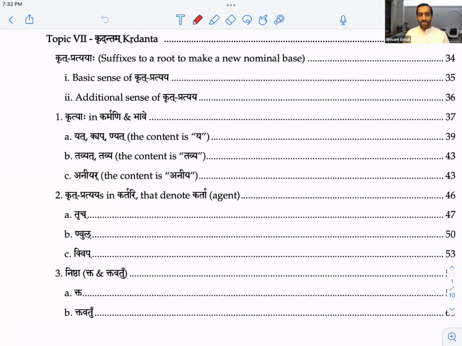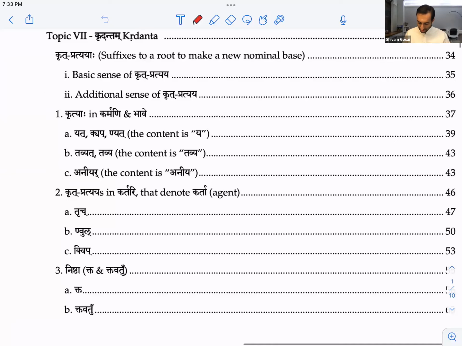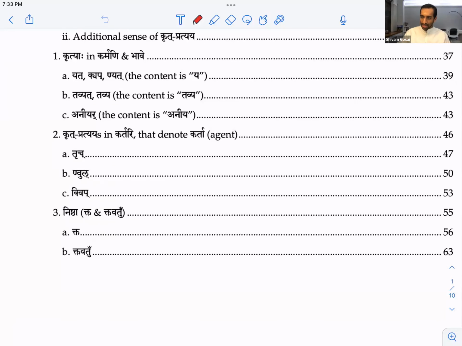Then we saw these Krit pratyayas in Kartari, so Kartari Krit: Trich, Ktri, Kvip. And then we are seeing Nishtha, in this Nishtha section, Kta and Ktavatu. This Ktavatu we'll be seeing again today, page 63, and we'll continue there.